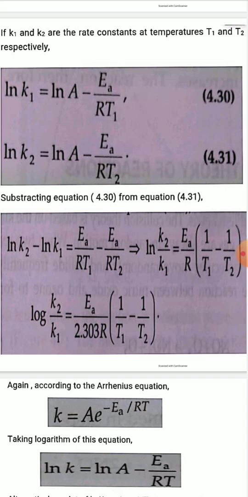If at two different temperatures T1 and T2 the velocity constants are K1 and K2, then you can write log K2 by K1 is equal to Ea, where Ea means activation energy, divided by 2.303 R into (1 by T1 minus 1 by T2).